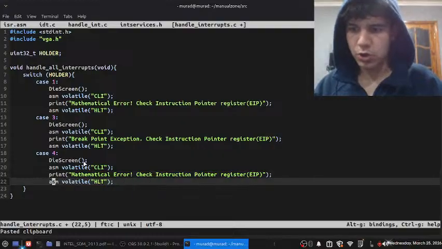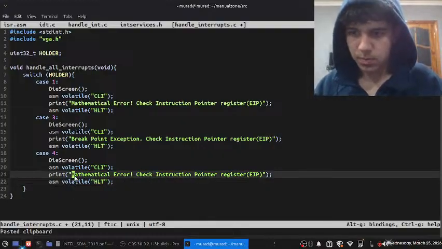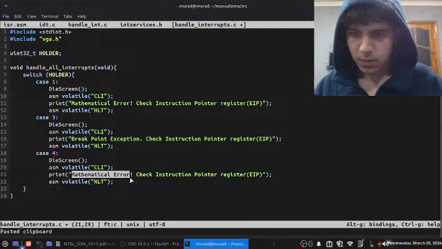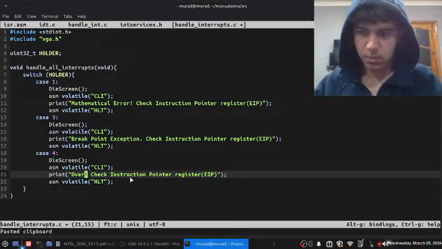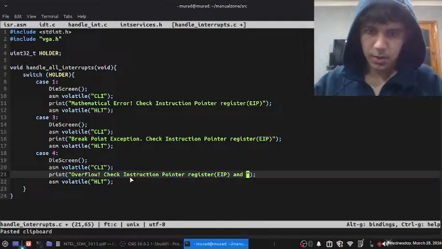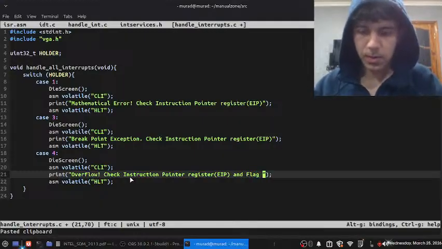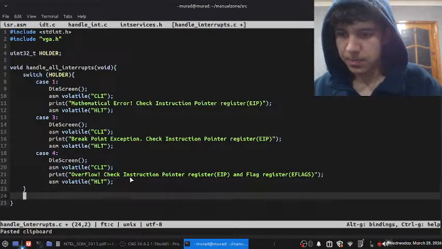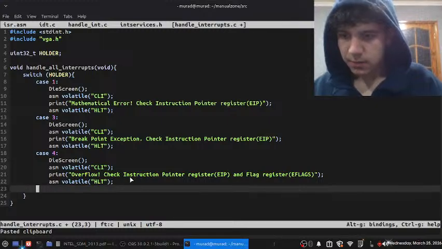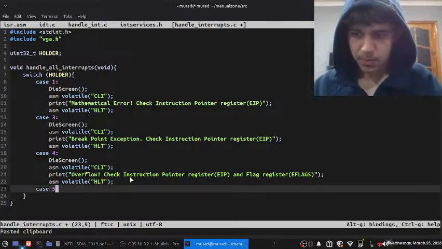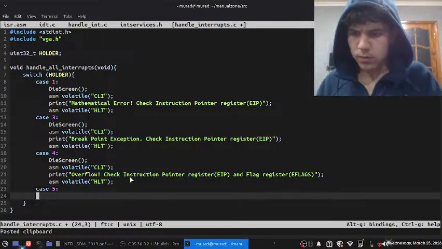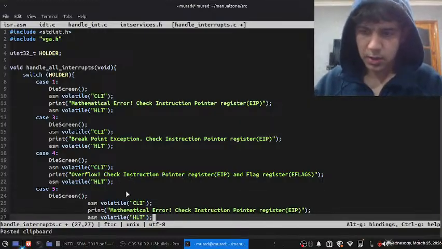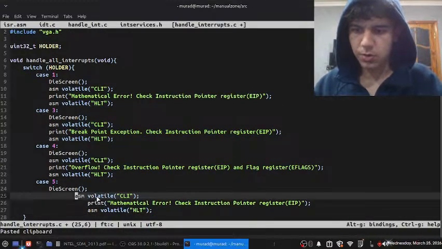Always keep your code clean. Overflow. Check instruction pointer and flag register. E flags, extended flags. Then case 5. And don't forget that the cases work at light speed.